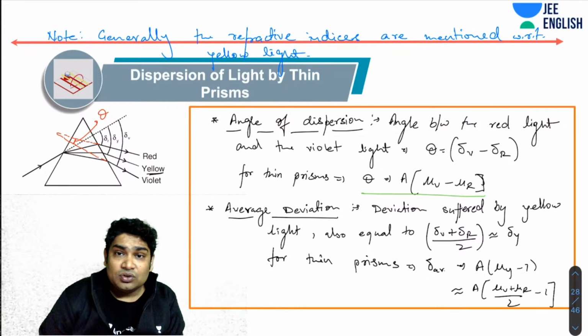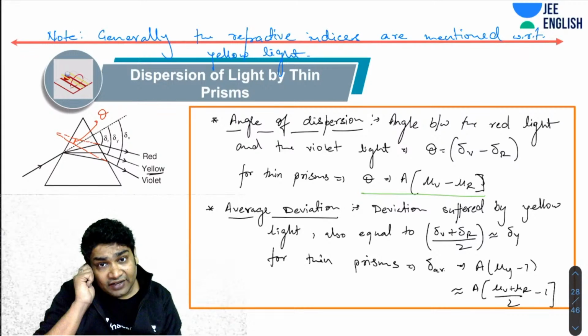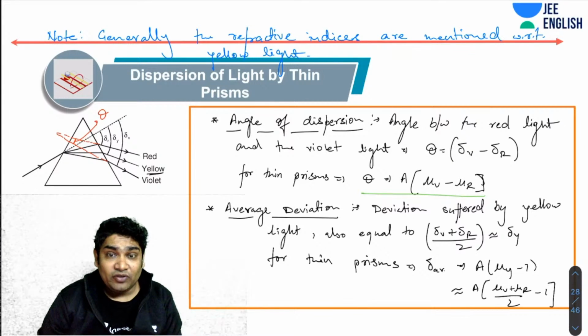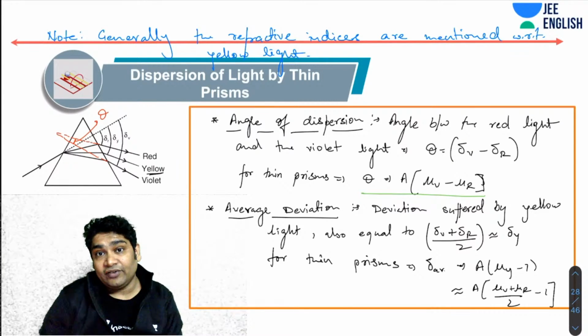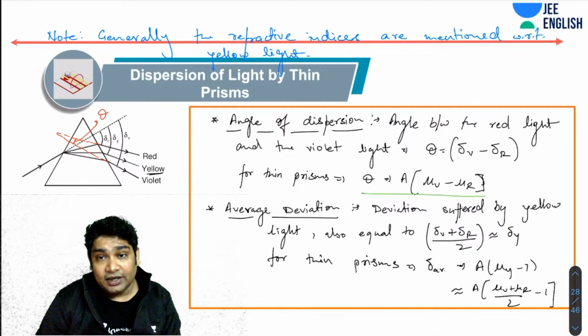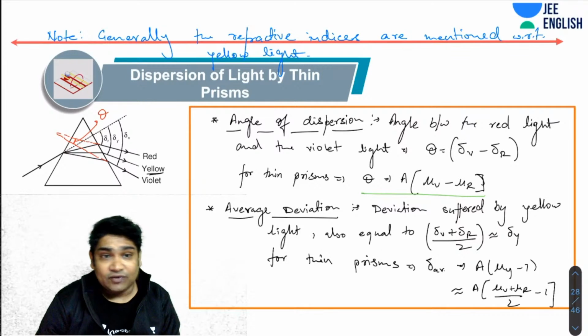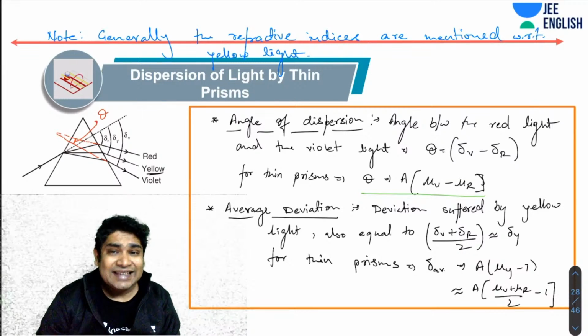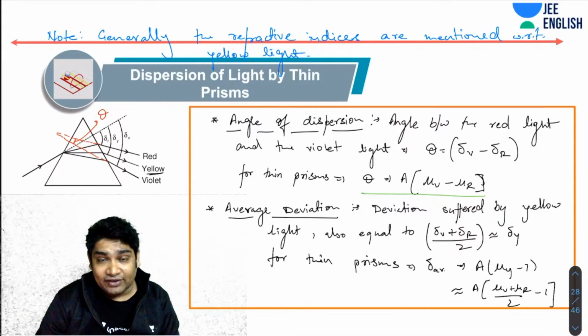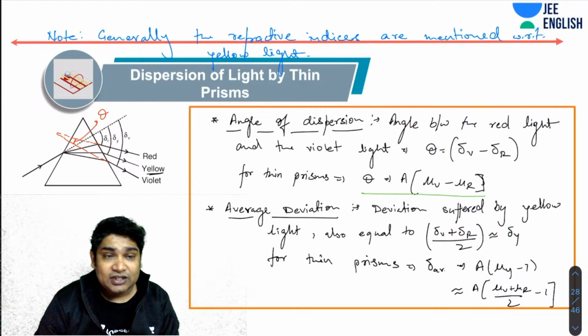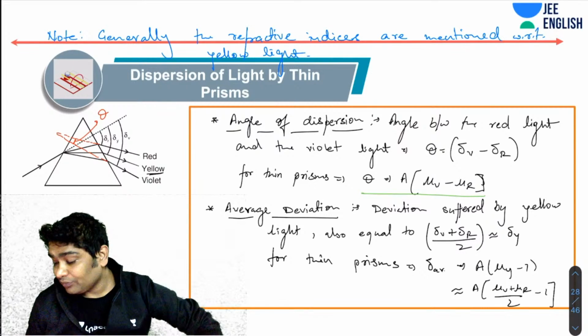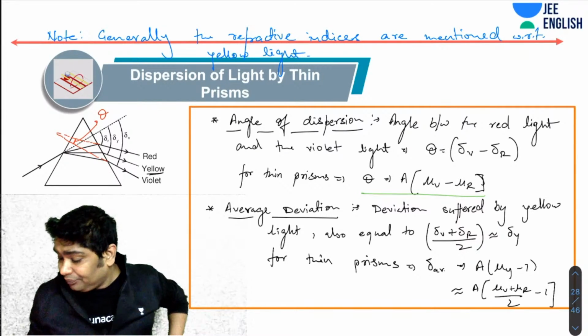So what do I mean when I say the refractive index of glass is 1.5? For which color is it 1.5? Because for different colors it will be different. Similarly, when I say the refractive index of water is 4 by 3, for which color is it 4 by 3? For different colors, again, it will be different. So whenever we mention the refractive index in general, we are referring to the average refractive index, or the refractive index corresponding to yellow color. Please remember that.